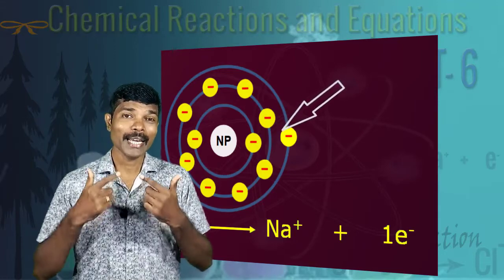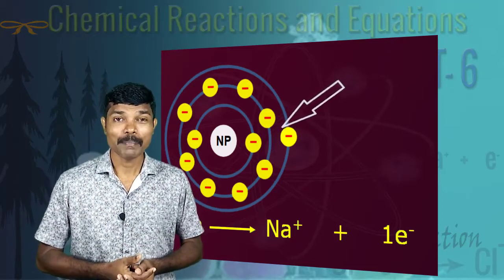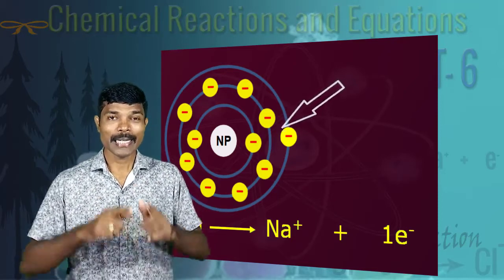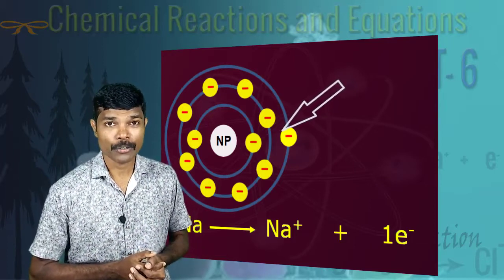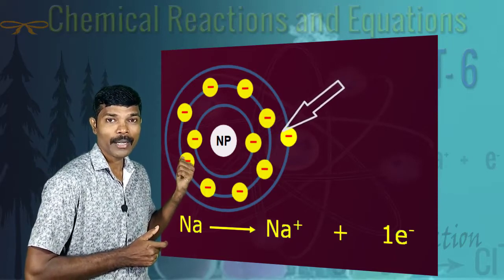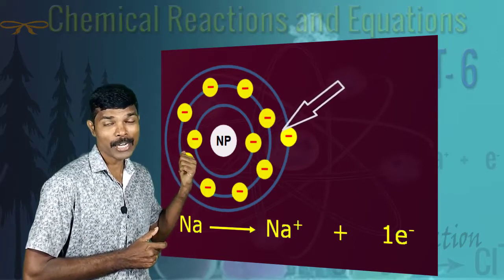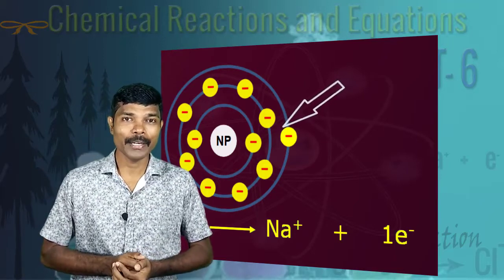We know that an atom is said to be stable when it has a complete octet. That means its outermost shell should be completely filled by electrons. The electronic configuration of sodium shows that there are unfilled shells available, that means the outermost shell is not completely filled.